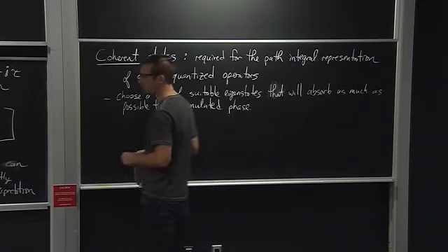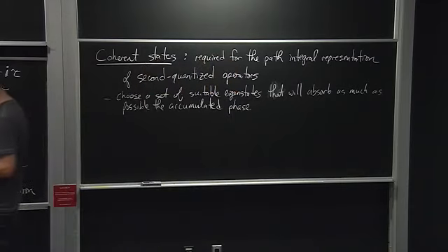So the question is, how do we choose these eigenstates? They're called coherent states.